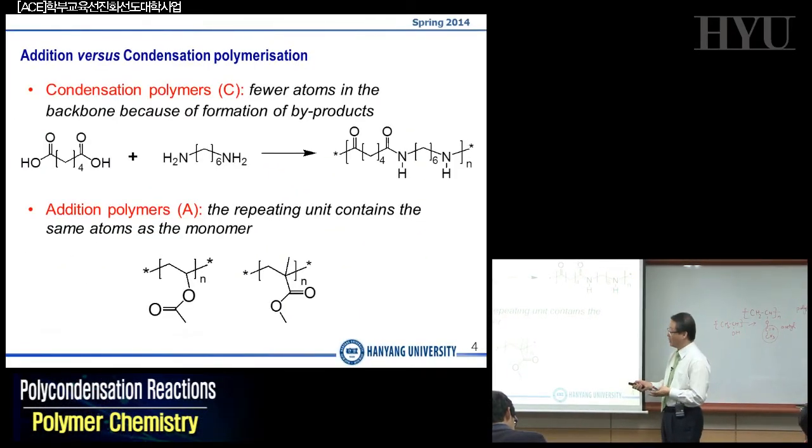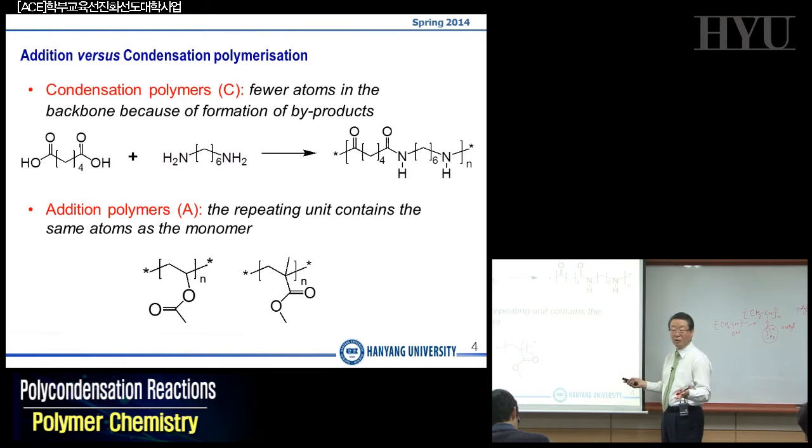Anyway, you can form this type of polyvinyl acetate or polymethyl methacrylate from your monomer, vinyl acetate or methyl methacrylate, so that you can form the polymer by addition polymerization reactions.